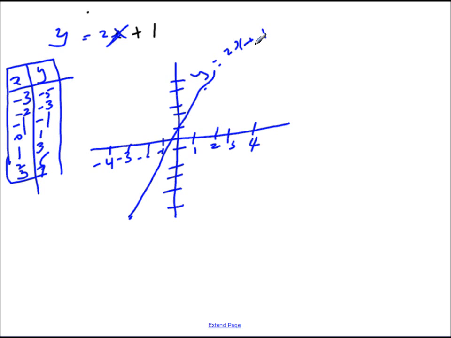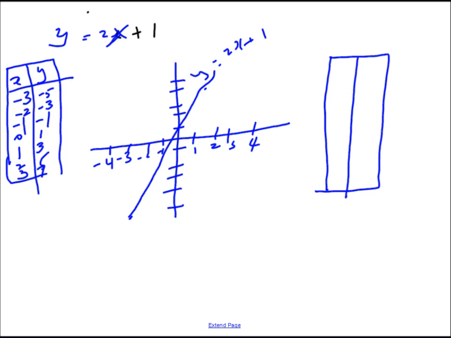So the idea is to find the inverse. All you need to do is draw another table and mark your table as x and y. When you find the inverse, you're actually switching the values of x and y.